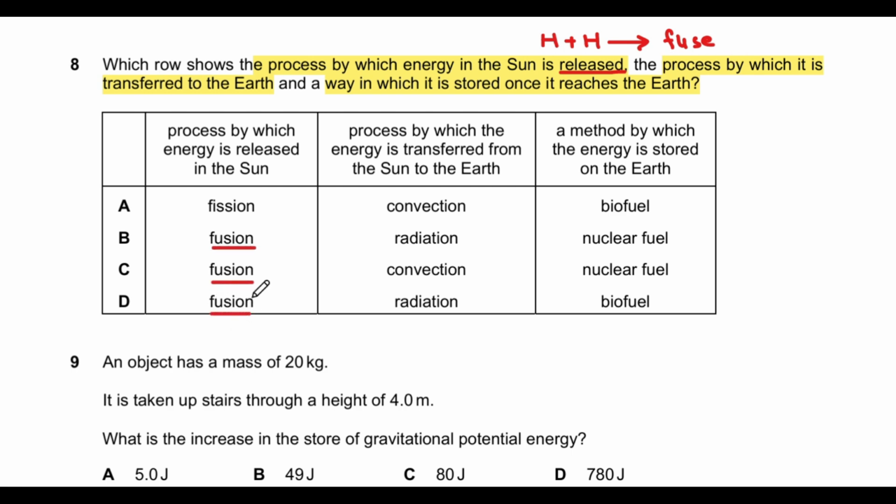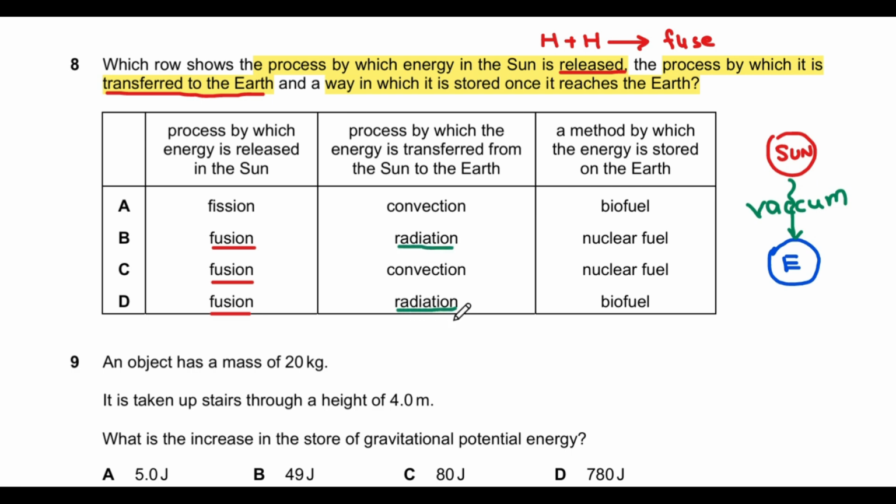I am underlining these. Now, by which process this energy is transferred to earth? From sun to earth, there is space and there is no air. We have vacuum. So we can't transfer energy by the process of conduction and convection because both need molecules to travel. So energy is transferred in form of radiations, electromagnetic radiations that do not require any medium to travel.